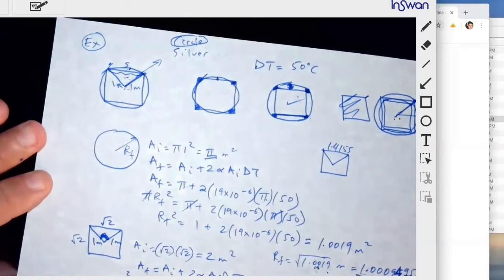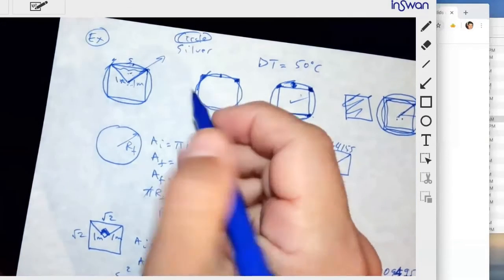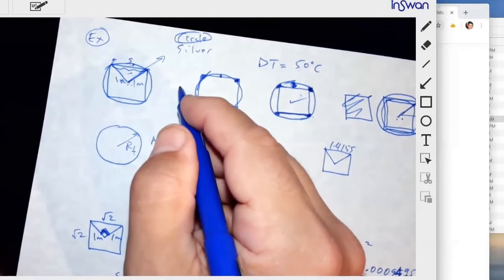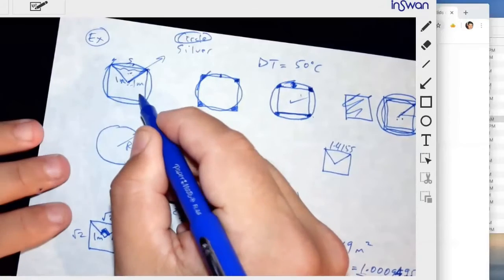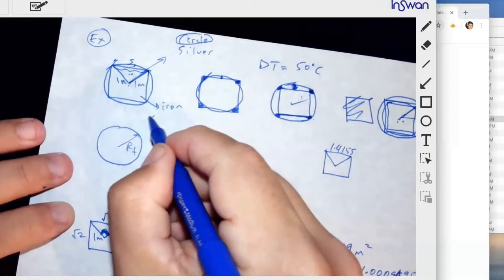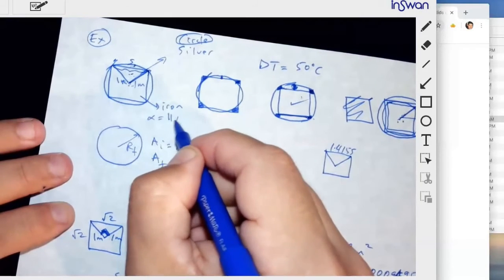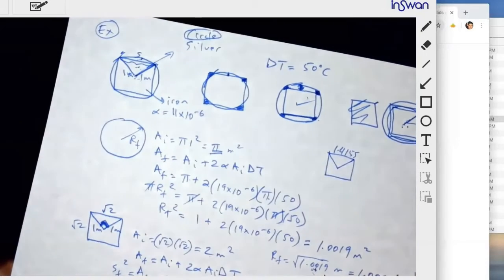Let's keep the circle silver, and let's change the square to one of the other ones, iron. And in iron, the alpha was 11 times 10 to the minus 6.